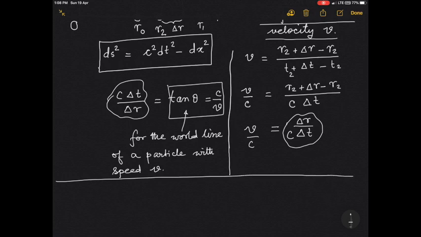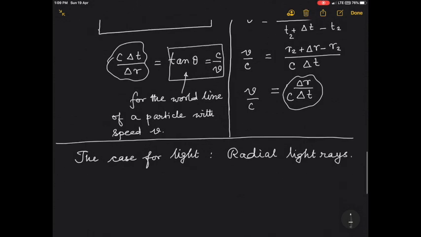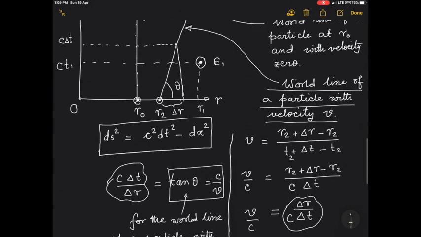Okay, so now we'll look at the case for light. That is radial light rays. So what happens if I have radial light rays?